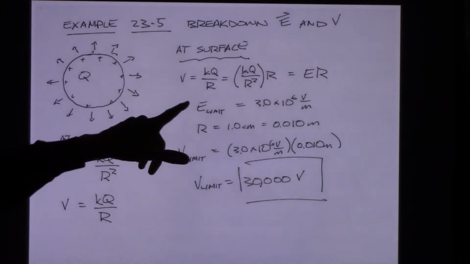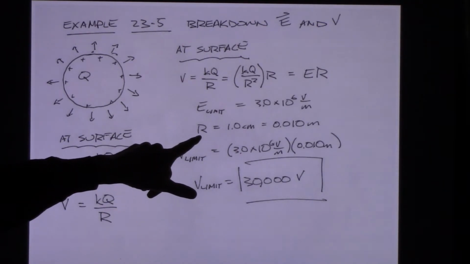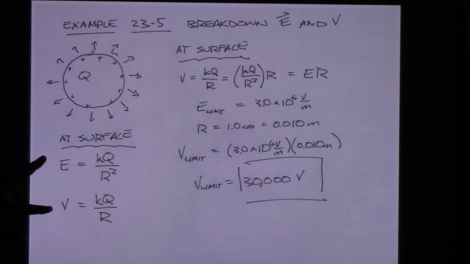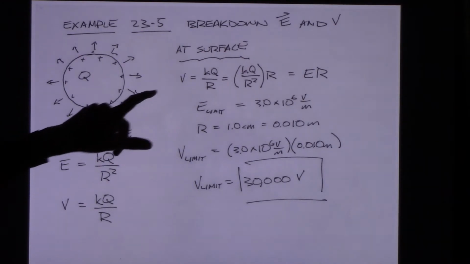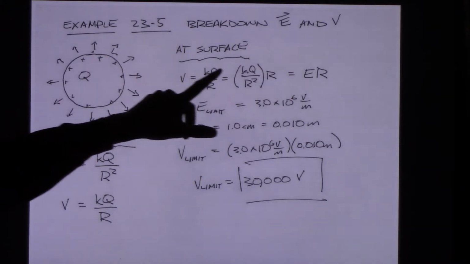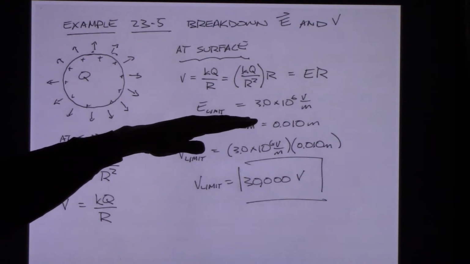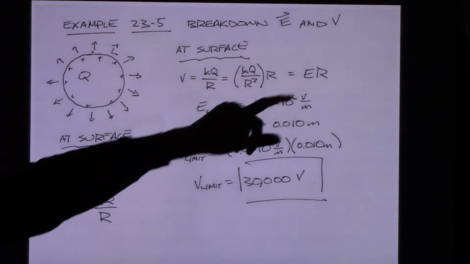Now what we can do is take this limit for the electric field for air. They gave us a certain radius. These are the formulas. If I take these two formulas and merge them together, at the surface the breakdown voltage will depend on the limit to the electric field. What's the maximum electric field we can manage?